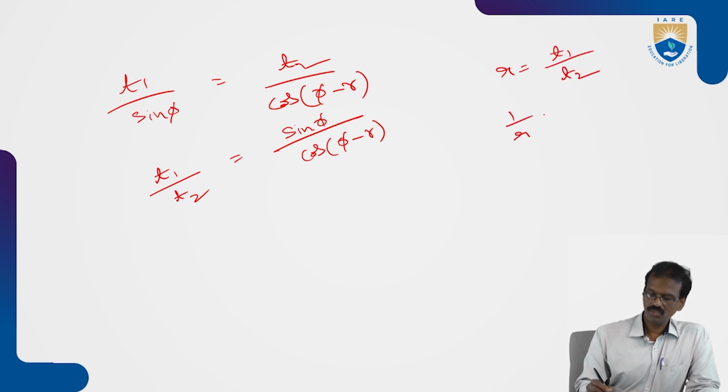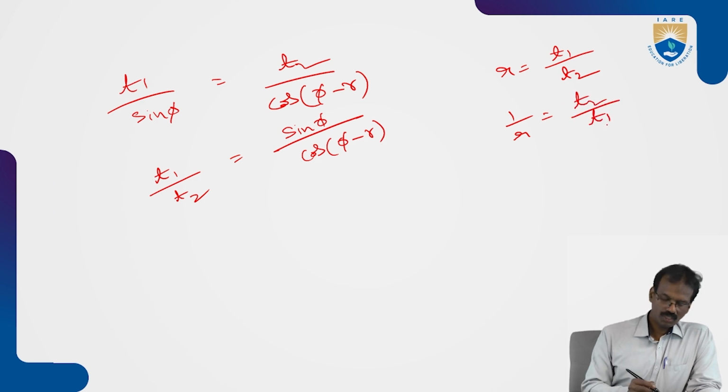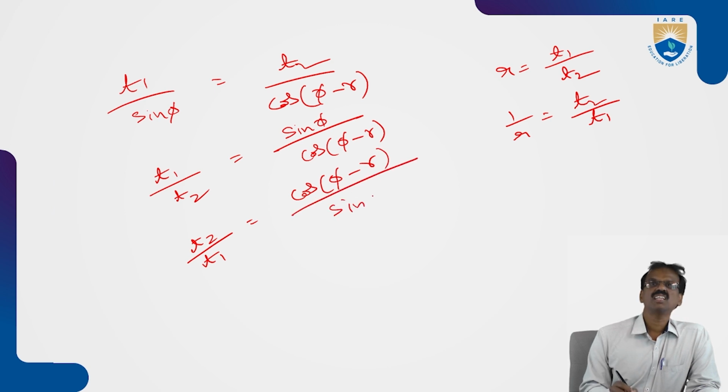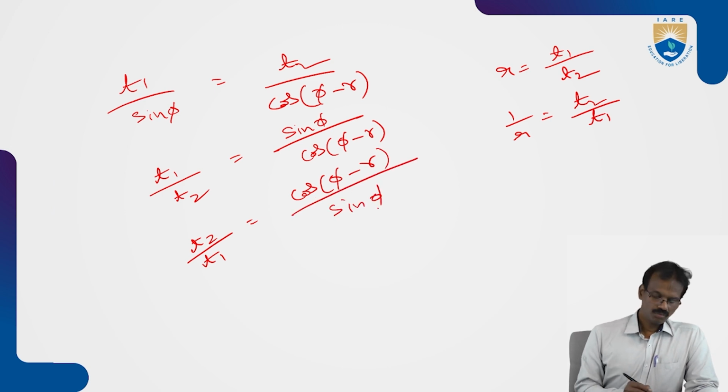Otherwise 1 by r is equal to T2 by T1. So T2 by T1 is equal to cos phi minus gamma by sine phi.